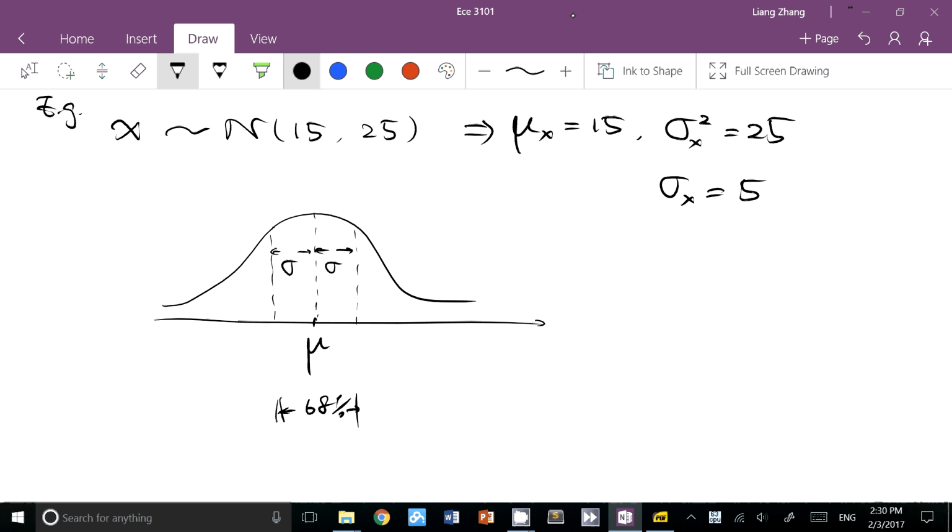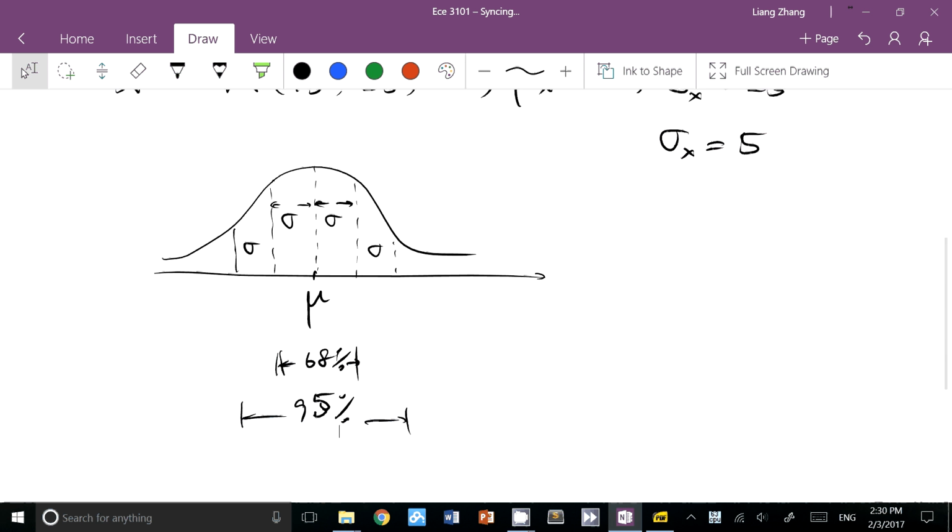If we go beyond another sigma on the left and on the right, then we'll be covering 95% of all possible cases for the normal random variable.